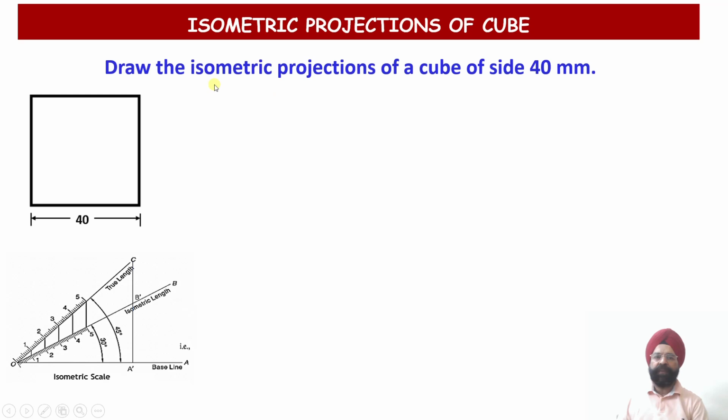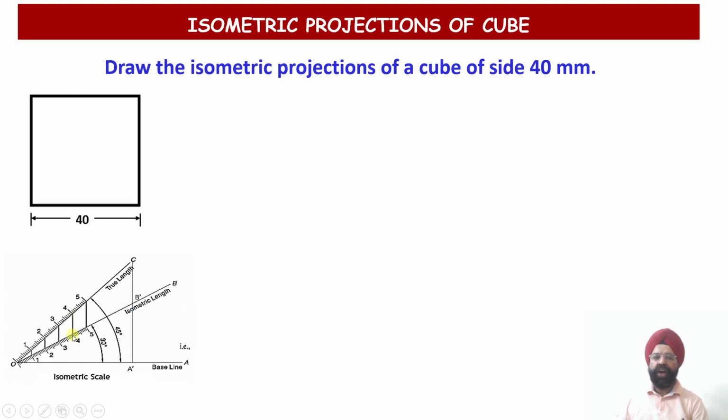Before we start with the construction of isometric projections, we need to draw the isometric scale, and once we draw it, we have to convert the edge length, 40 millimeter, which was the true length of the cube, into the isometric length.